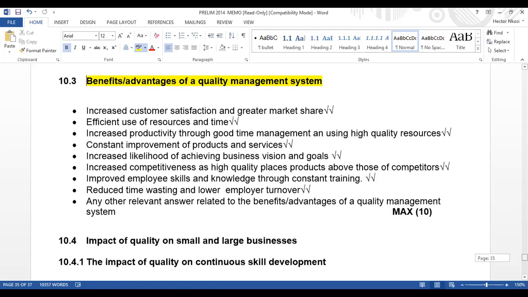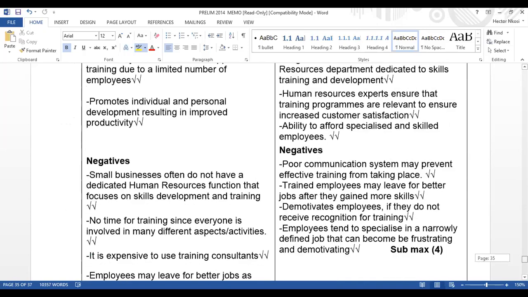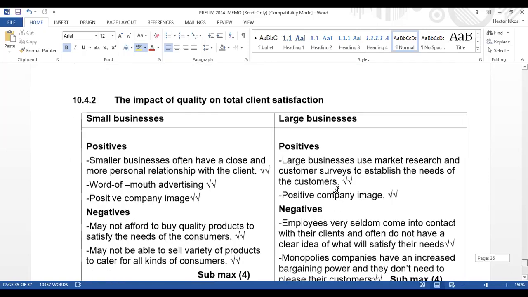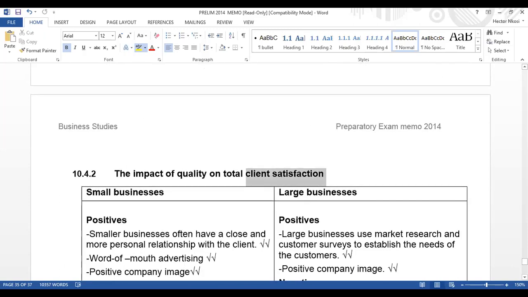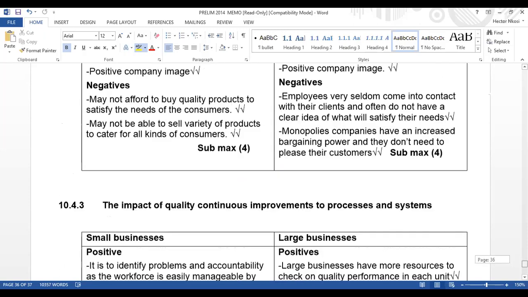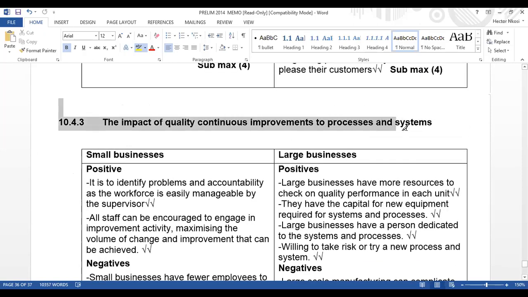Also the impact on small and large businesses. We say the impact on skills development. The examiner also asks you the impact on total client satisfaction. You see how you need to break your stuff. The examiner also asks you the impact on processes and systems.